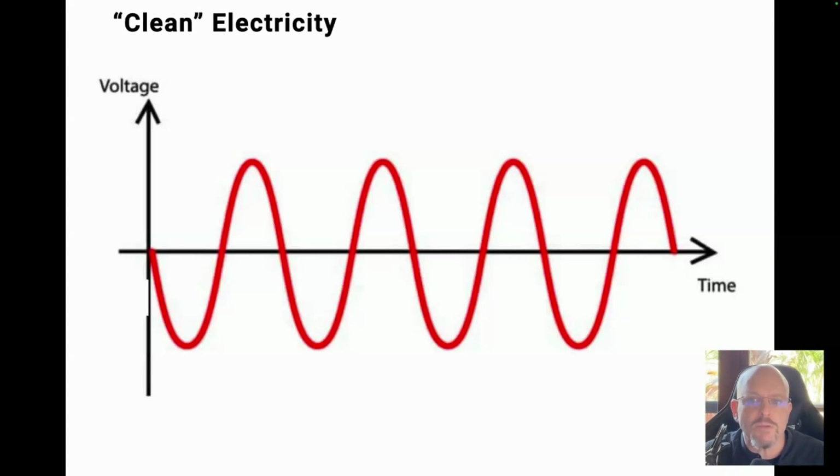In the US, most homes receive electricity at a power of 120 volts and a frequency of 60 hertz. In Europe, voltage is generally between 220 and 240, and the frequency is 50 hertz. And if you measured this electricity with a device called an oscilloscope, that electricity should appear as a clean sine wave, as you see here on the screen.